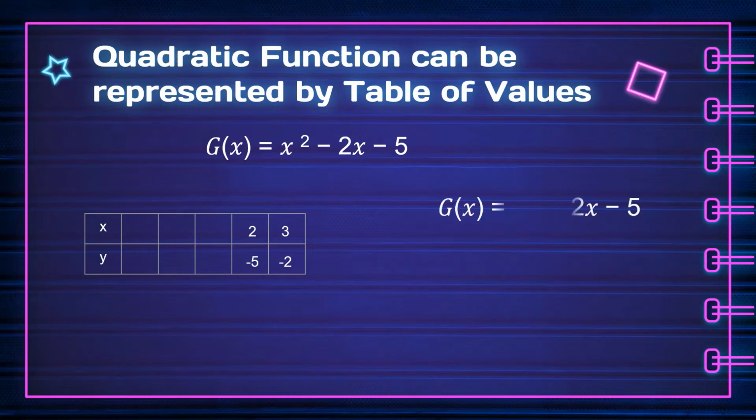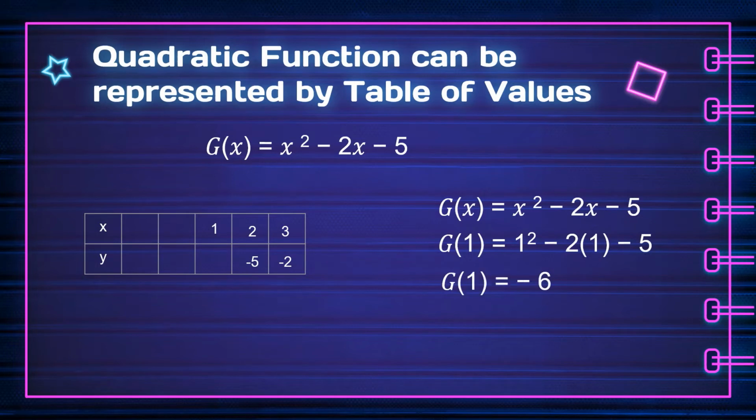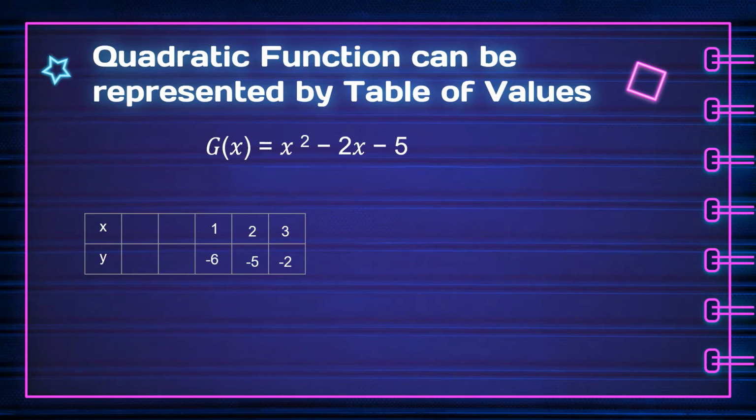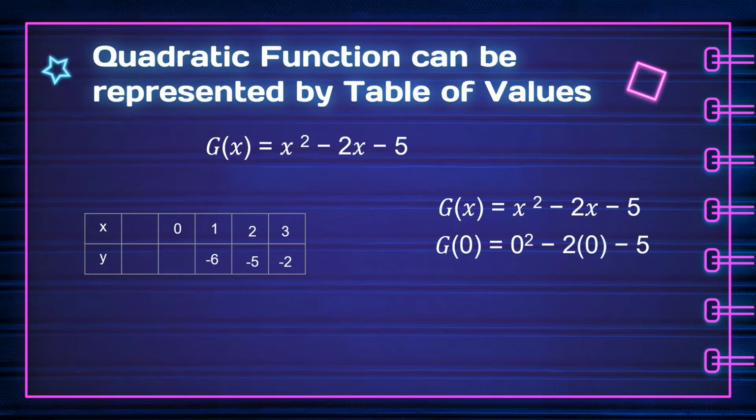If the value of x is 1, then g of 1 is equal to 1 squared minus 2 times 1 minus 5. And the result is negative 6. If you will assign the value of x as 0, then 0 squared minus 2 times 0 minus 5.